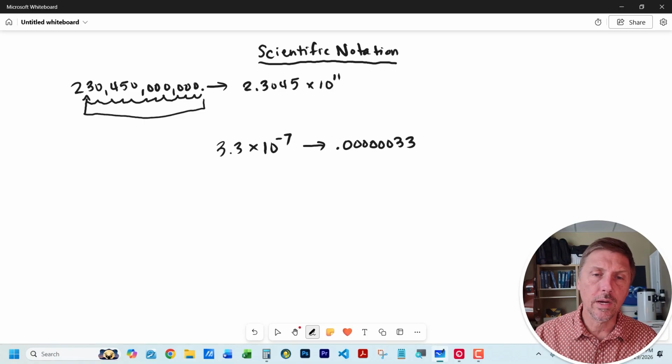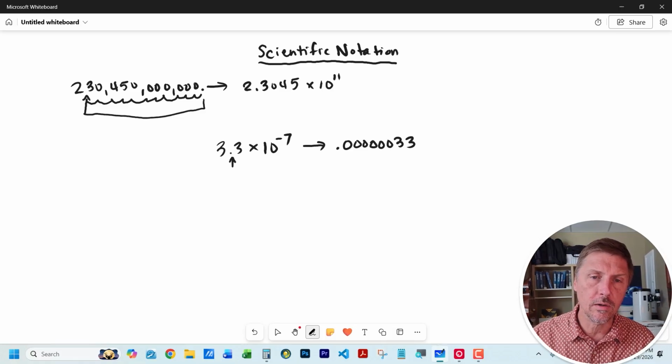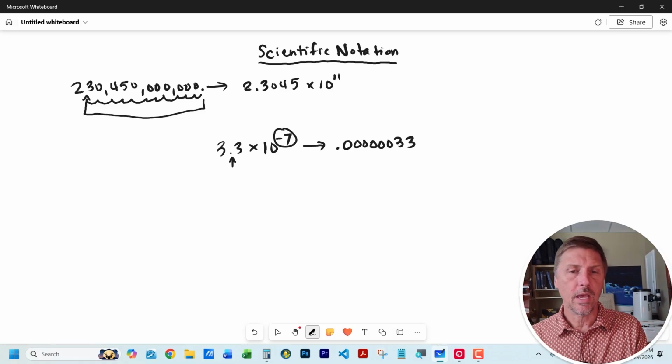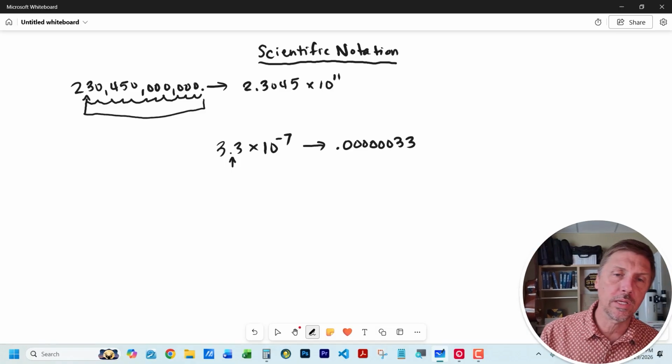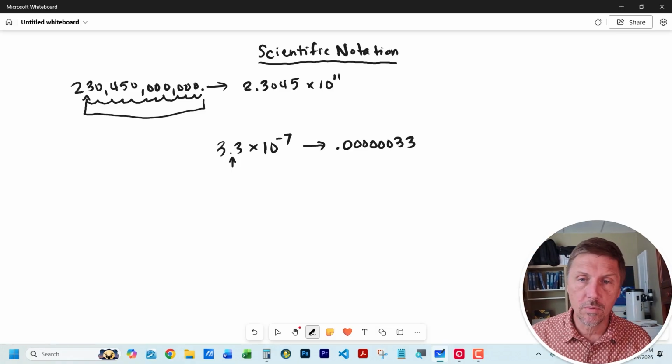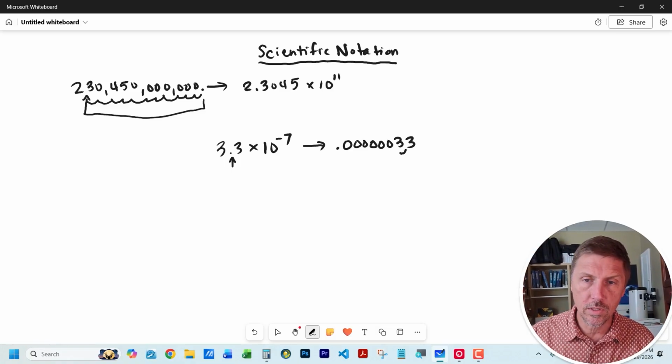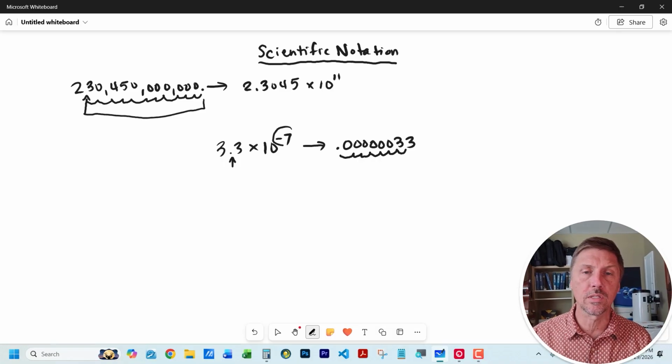All right. And where I got that was I took this decimal place here, and because this is a negative 7, I had to move it 7 places to the left. So the decimal place was here in between the two 3s, and I went 1, 2, 3, 4, 5, 6, 7 and put the decimal place there because this is a negative 7.